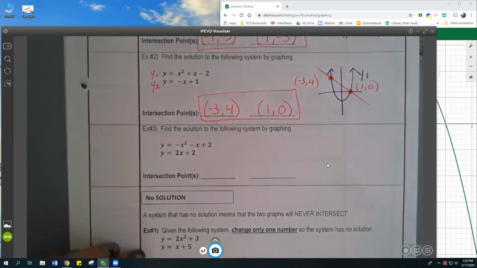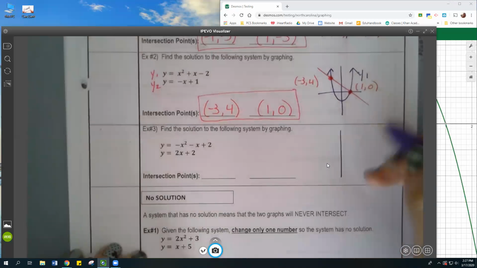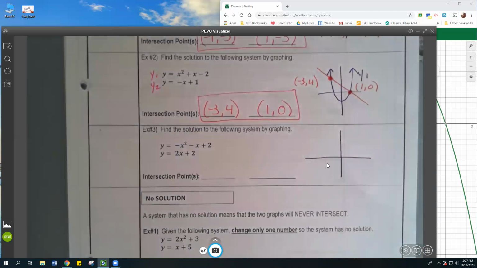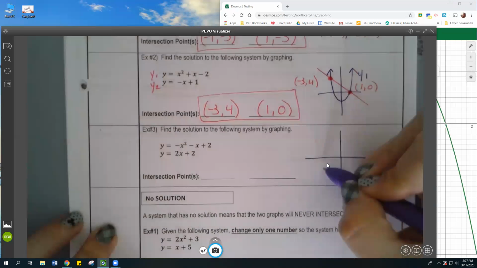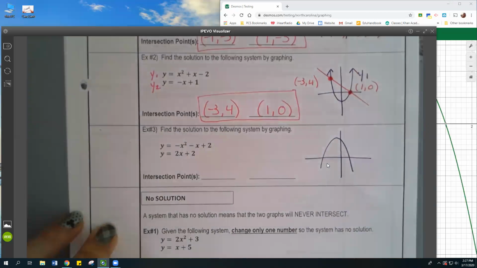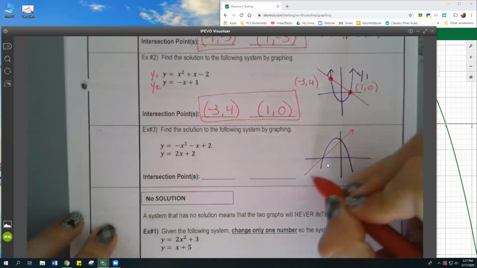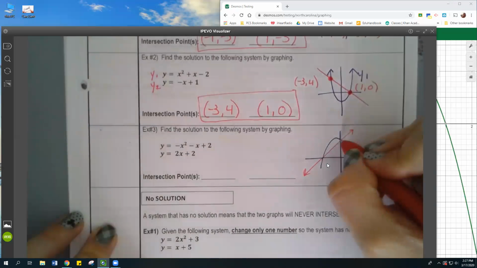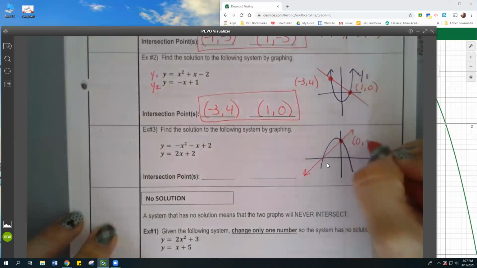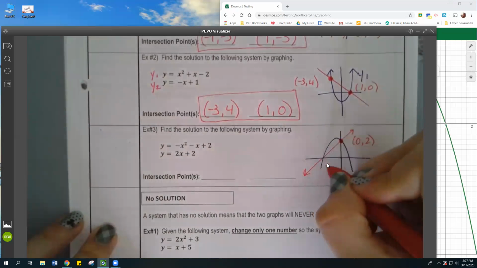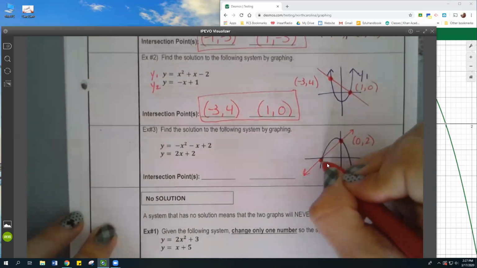All right, so quick sketch of that. My quadratic was first, and it went like that. And then I had this linear guy, and it went like that. And I had an intersection here at 0, 2. And that's a really bad graph, but oh well, you get the point.